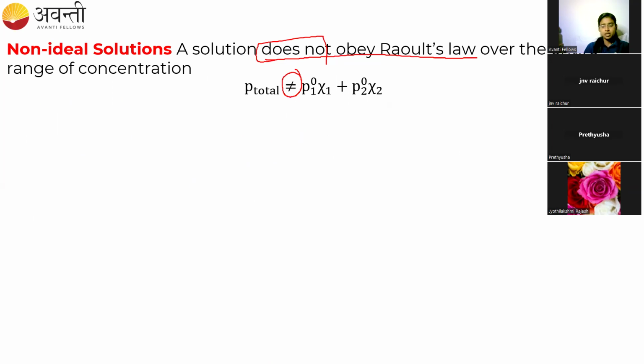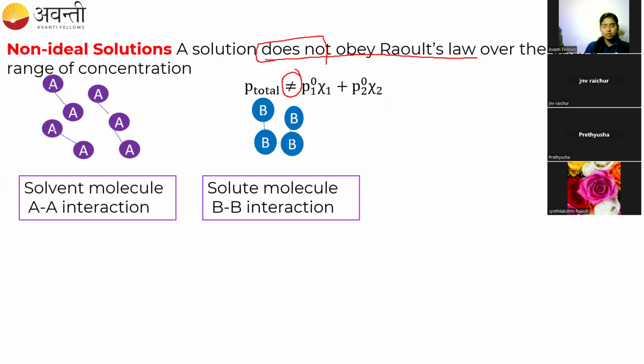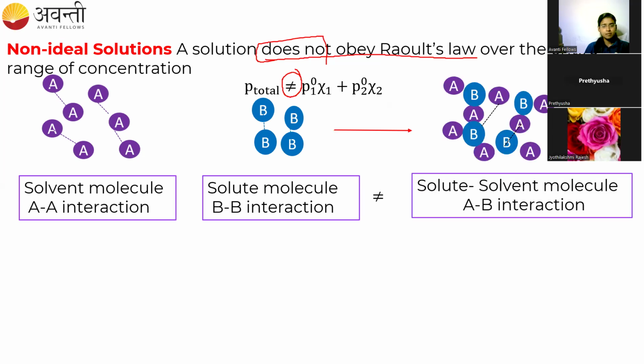Coming to the solvent molecule, we have A as solvent again. So there is AA interaction present in the solvent molecule and also BB interaction present in the solute molecule. If they both combine, they will form an AB type of solution, but the attraction will not be equal.